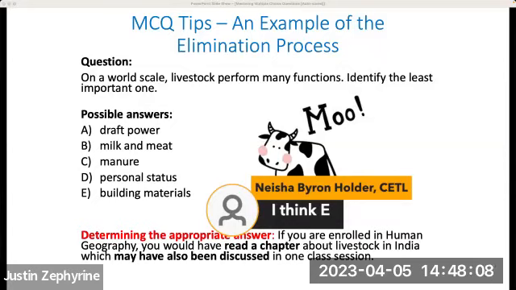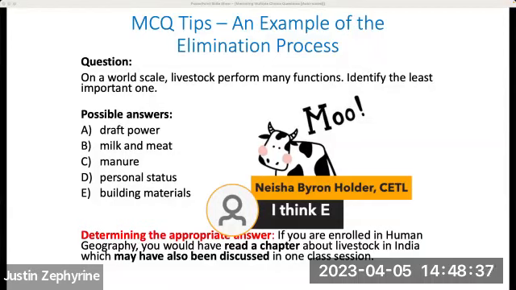I think it's E, because a lot of things throw you off in this question. You have livestock, but then they come in with a little case in the bottom talking about India. And you have the cow. When you see the cow and you see India, you're thinking you're talking about cattle. And of course, in India, they have certain things where they say the cow, they don't use it for whatever.